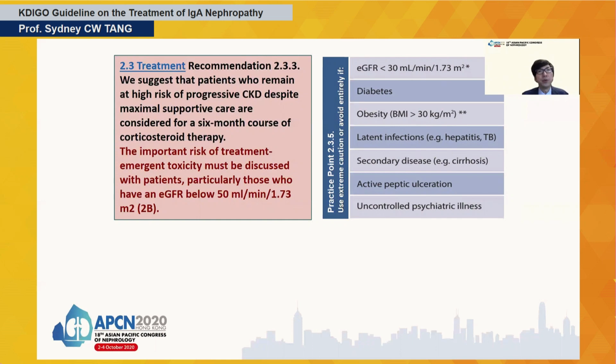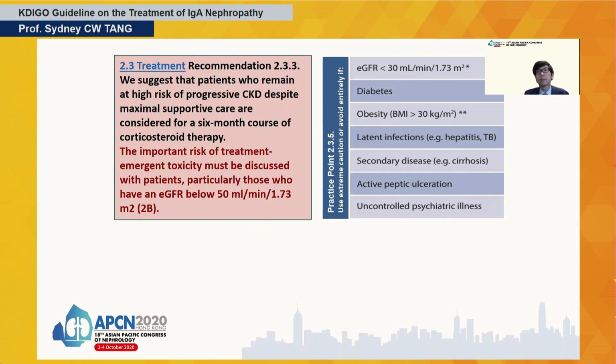On your right-hand side are the practice points showing some of the conditions where we need to apply caution before prescribing corticosteroid. These include patients who have low eGFR, diabetic patients, obesity, patients with latent infection, secondary disease, peptic ulcers, and also uncontrolled psychiatric illness. And therefore, you would see that this particular recommendation 2.3.3 is a 2B recommendation.